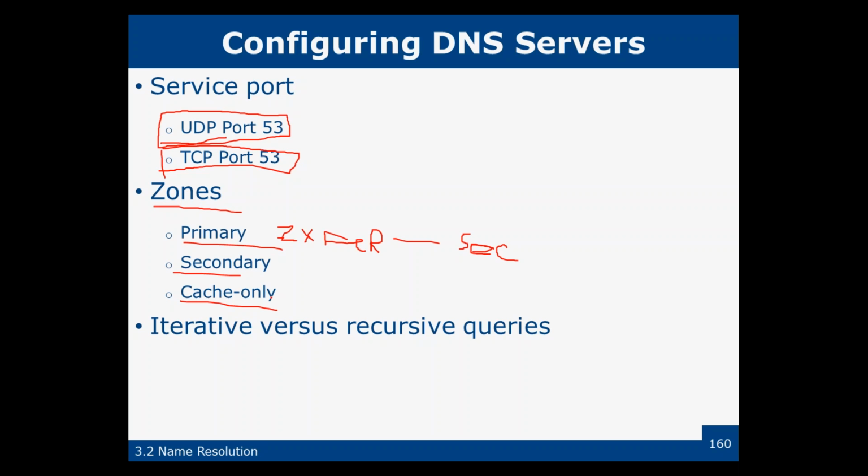And now we get to the iterative and recursive. In these things, the name servers can be configured to provide forwarding, and most queries between name servers are iterative. A server responds to a query with whatever information it has.